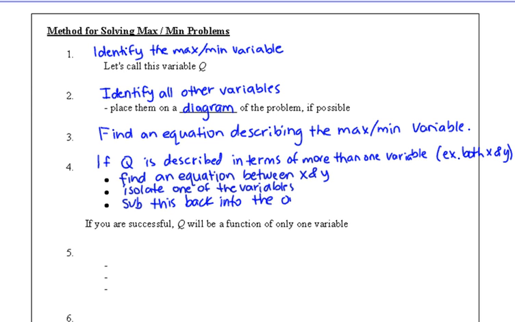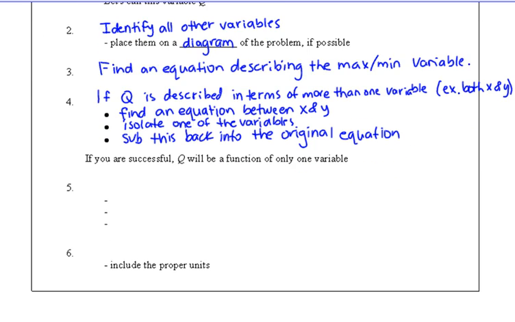If you did your work properly and if you are successful, q will be a function of only one variable.